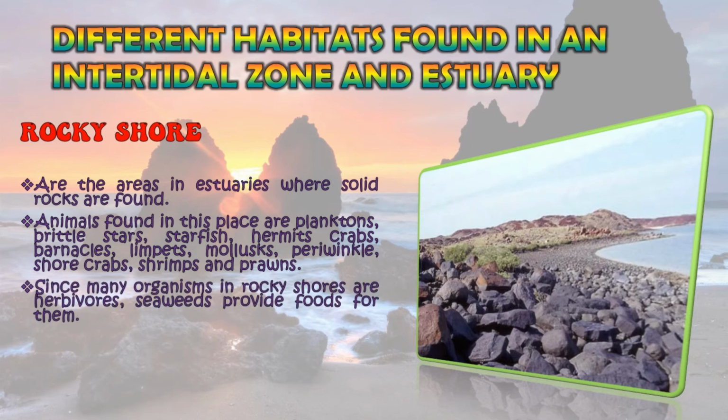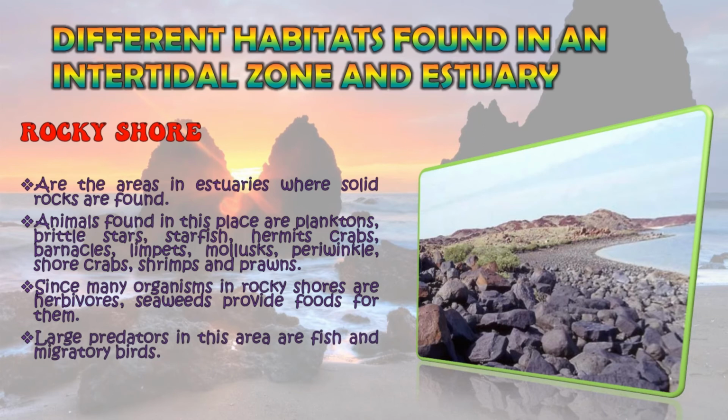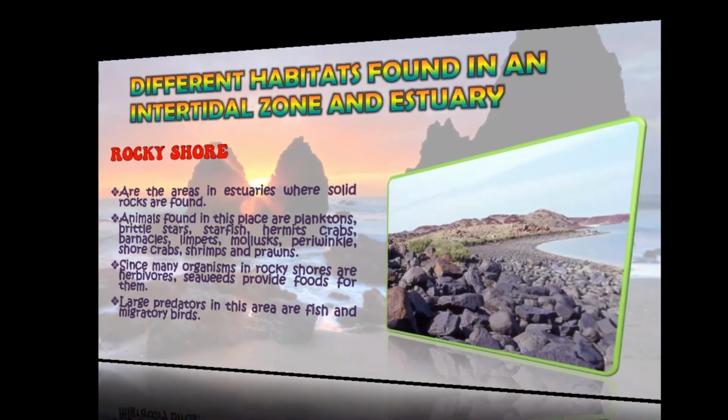Since many organisms in rocky shores are herbivores, seaweeds provide foods for them. Large predators in this area are the fish and the migratory birds.